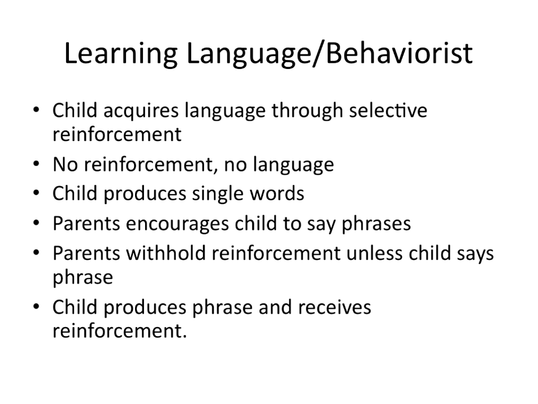So with selective reinforcement, if you have no reinforcement, according to the behaviorist, you have no language. Now, the nativist will say that's not true, that it takes a really bad environment for the child to have no language.